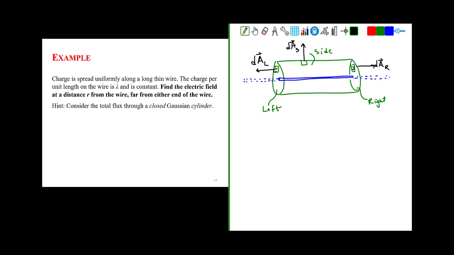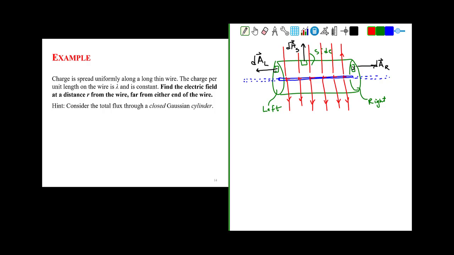Now let's look at the electric field that crosses each of those surfaces. So remember, this line of charge has cylindrical symmetry. So I know the electric field will be radially pointing away from the line of charge such that it's perpendicular to our cylinder.